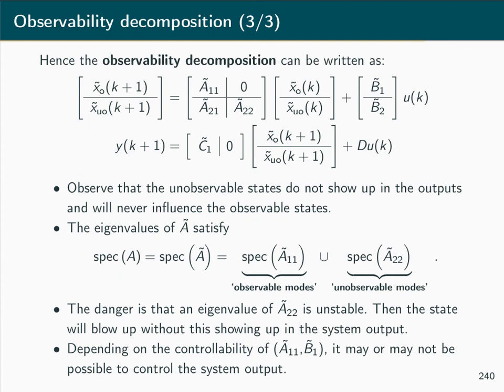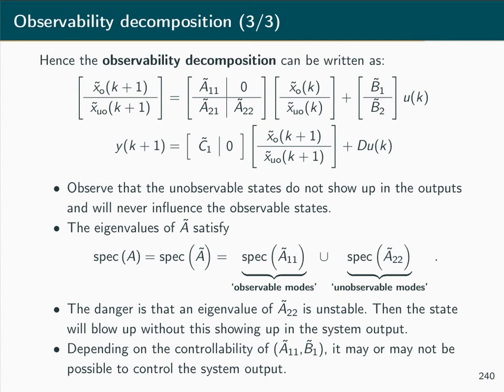Moreover, the eigenvalues of A tilde, which are the same as the eigenvalues of A, can be split into the eigenvalues of the submatrix A tilde 1 1 and those of the submatrix A tilde 2 2. The eigenvalues of A tilde 1 1 are also called the observable modes, and the eigenvalues of A tilde 2 2 are also called the unobservable modes.